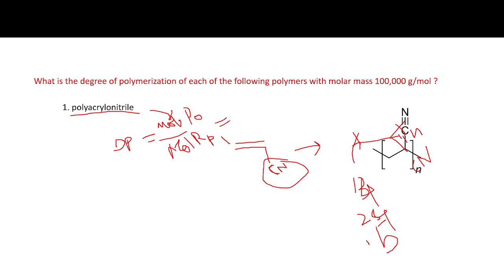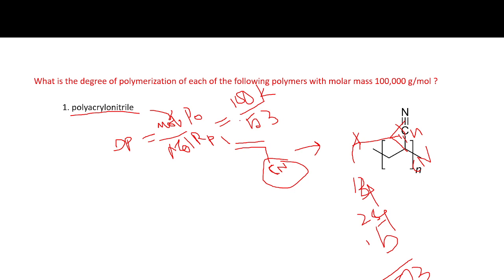It will become around 53. So now we have the molecular weight of the polymer repeating unit. Now we divide 100,000 by 53. This will be our degree of polymerization.